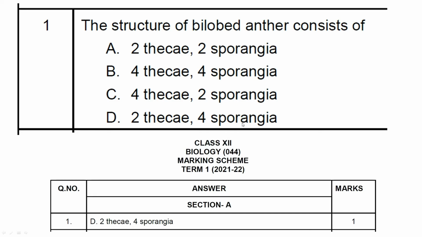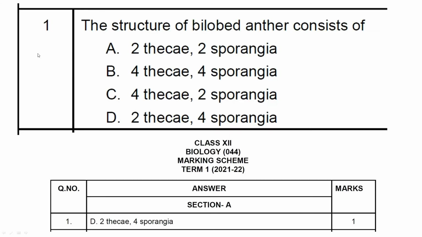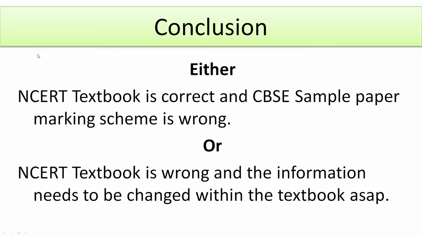But then, what about the information provided in our NCERT textbook, which we use as a reference, which we use for the preparation of the examination? Now, there are two conclusions that we can draw from this confusion.